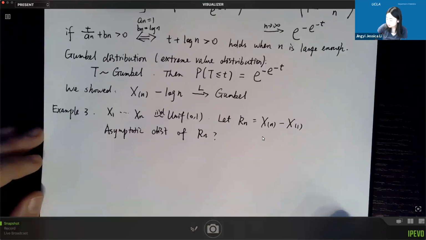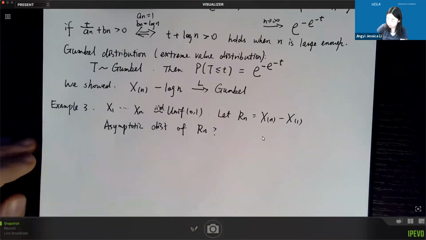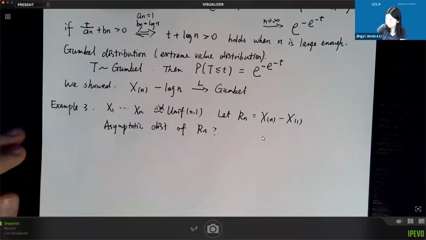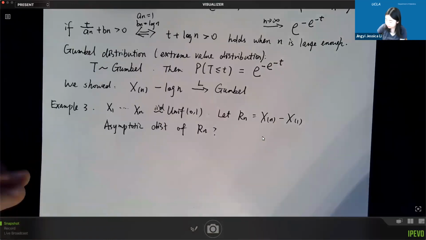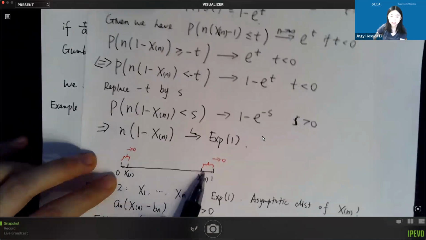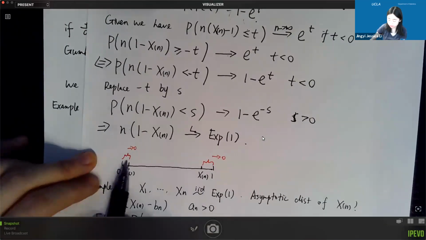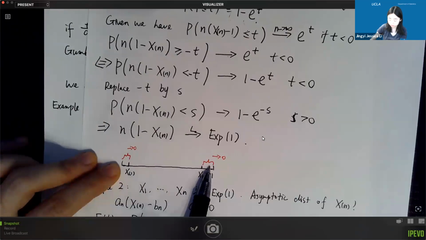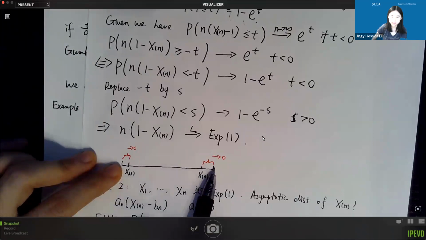Okay, to answer that question, we want to use the result of example 1. So if you take a look at this one, I was saying that this part and this part are symmetric. So we would guess that they have the same distribution.